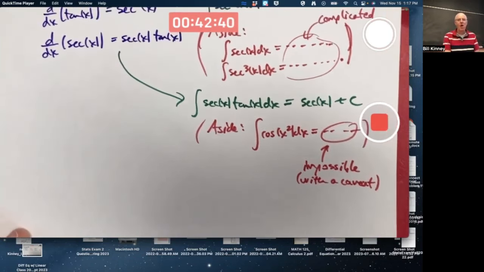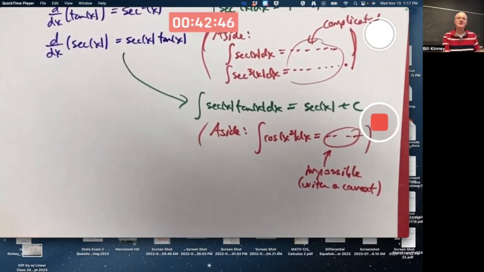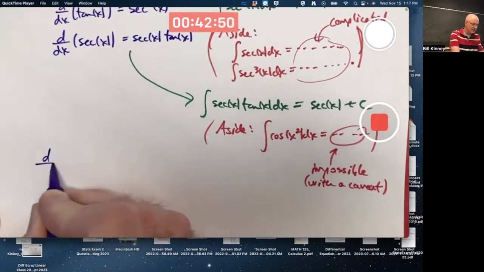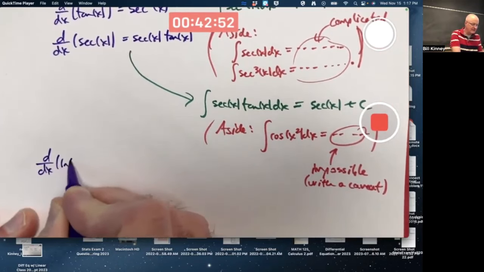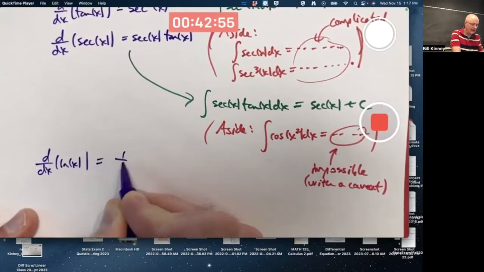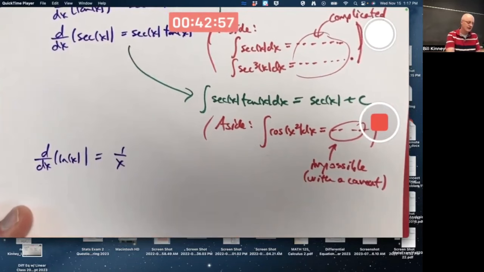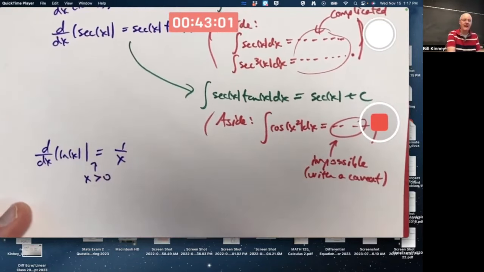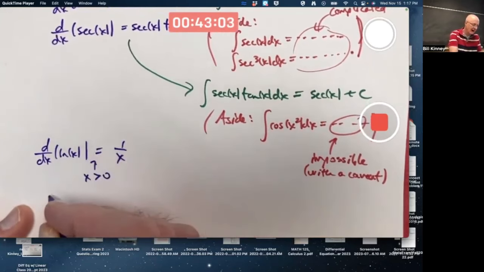From that point, we went on in section 3.6 to derivatives of inverse functions, examples of which include the derivative of natural log of x being 1 over x. This is if x is positive because the domain of ln of x is only positive numbers.